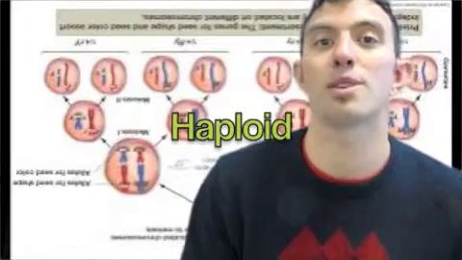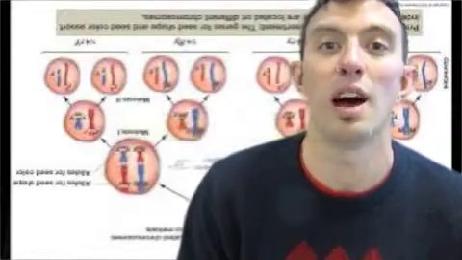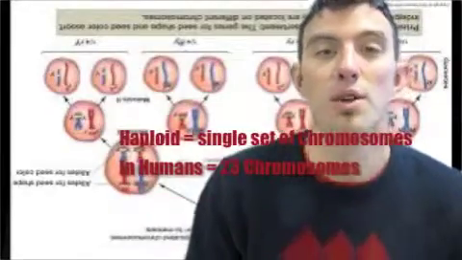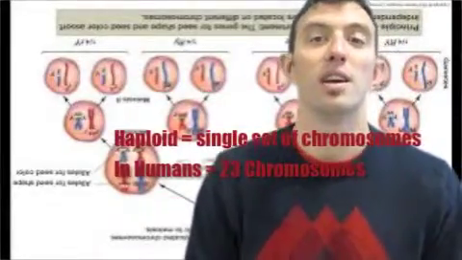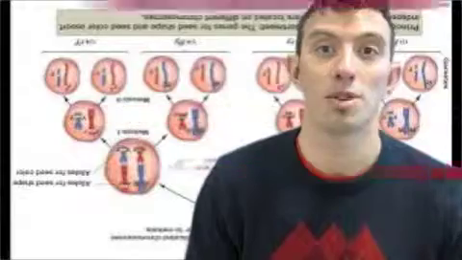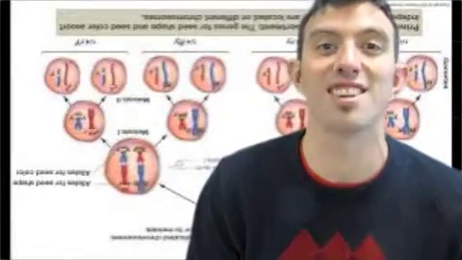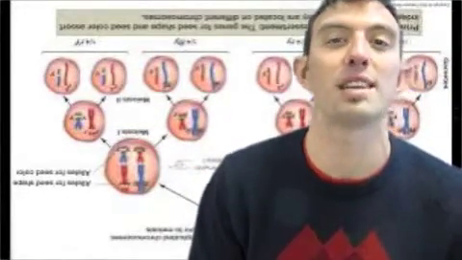Now, the word haploid stems from the root word haplos, which means single. So to have a haploid set of chromosomes means to have a single set of chromosomes in each cell.